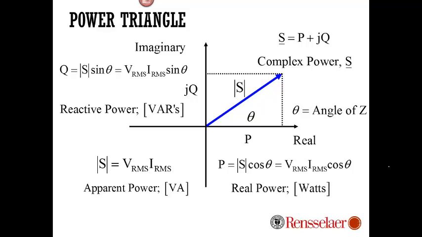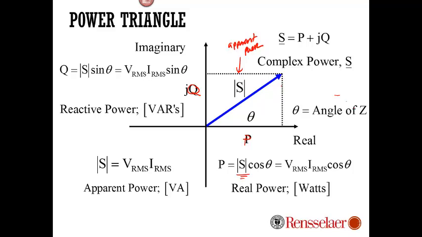Let's look at this in complex space. Like I mentioned, it might be easier to understand everything. In complex space, we have our complex power S. In rectangular form it is P plus jQ. P is along the real axis, jQ is along the imaginary, just like we saw before with complex numbers. So P would be the cosine of that triangle with the magnitude of S. Apparent power is the length of this line, so it's the magnitude.